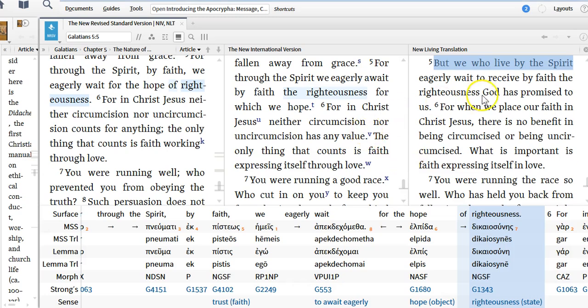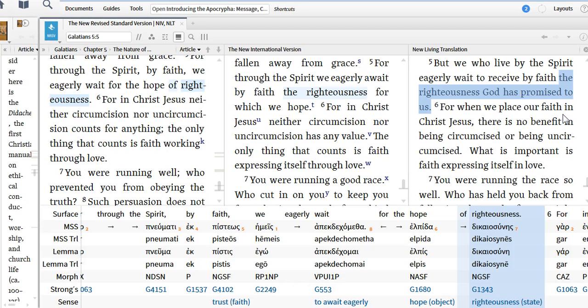And in fact, the exact same thing happens in the NLT. We eagerly wait to receive the righteousness God has promised to us.